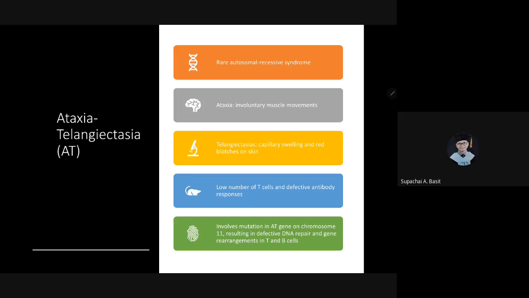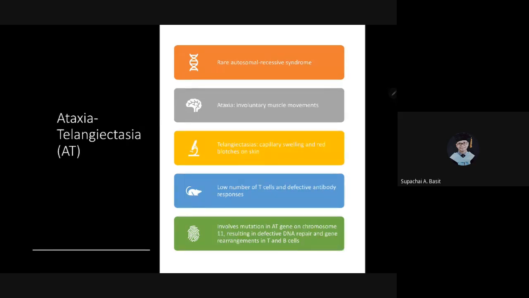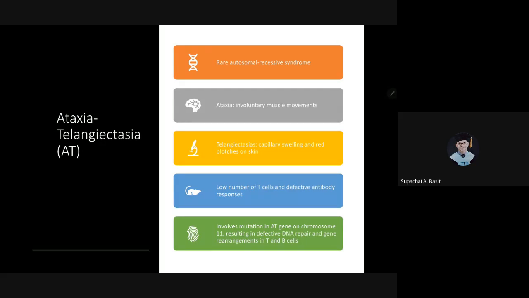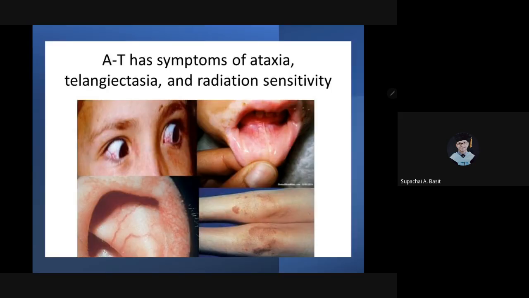Here we would expect patients to have a low number of T cells and defective antibody response. Ataxia telangiectasia involves mutations in the ATM gene, particularly on chromosome number 11. As a result, there would be defective DNA repair and gene rearrangement in T cells and B cells.